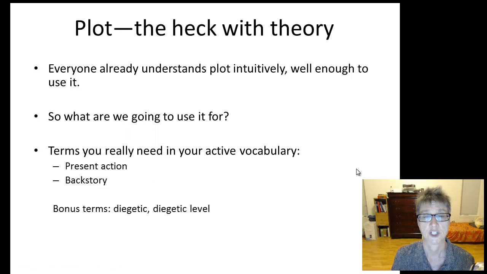I'm going to throw in one more term that might possibly be useful for you. Diegetic level. Everybody's familiar with the idea of a story within a story, or a play within a play, where the characters in the narrative that we're looking at then begin to tell some story of their own.